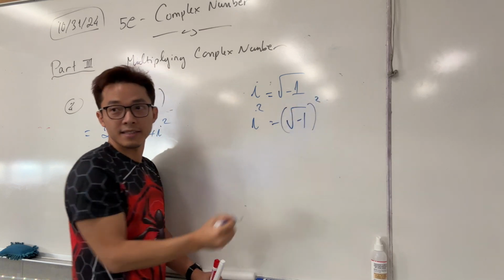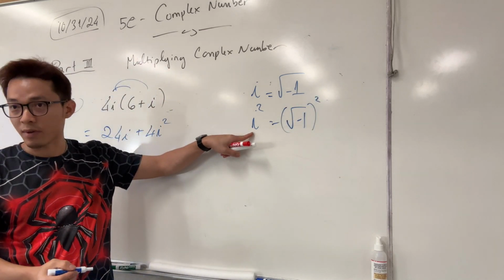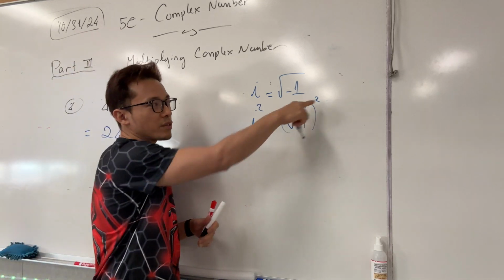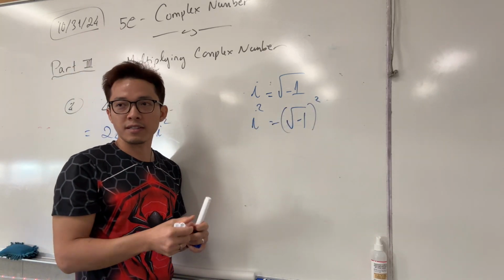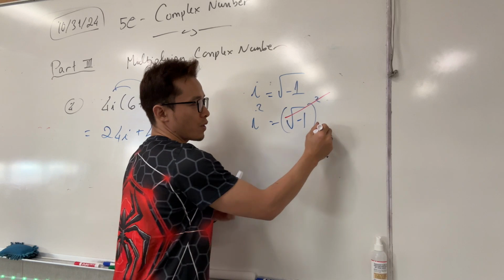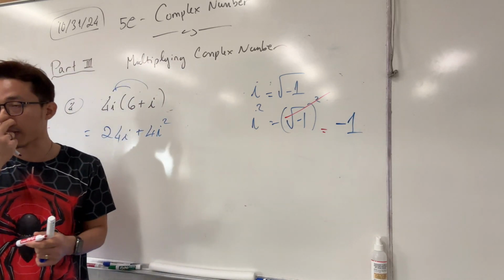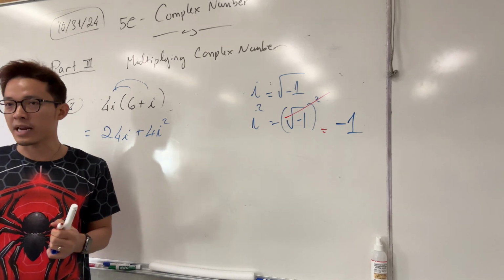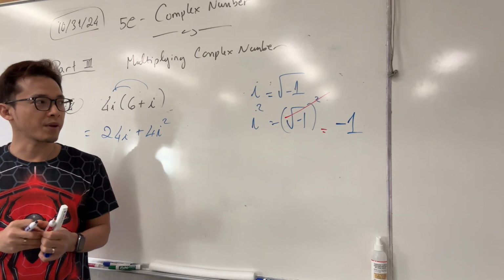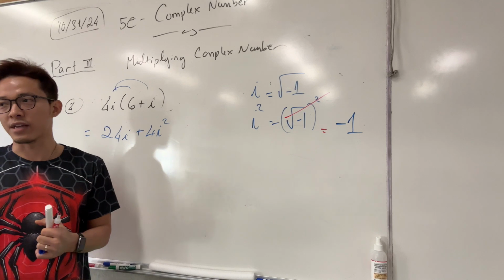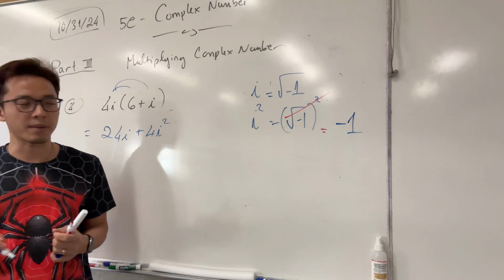Do you agree? Because that's the i, right? Square root and square, what do they do to each other? They cancel out. So your answer is negative 1. That's how you prove it. Let's give Brianna 1 point.